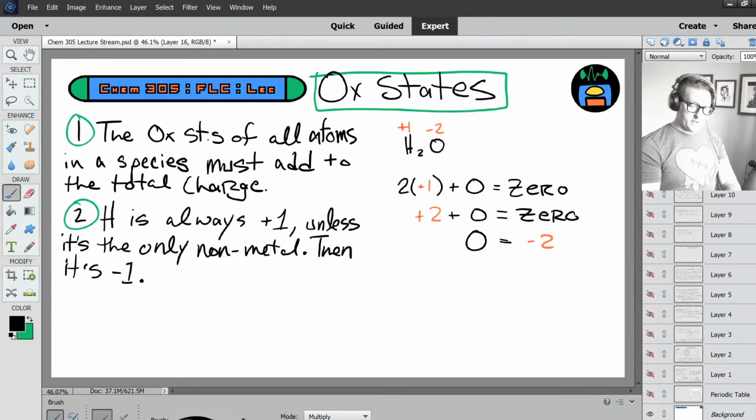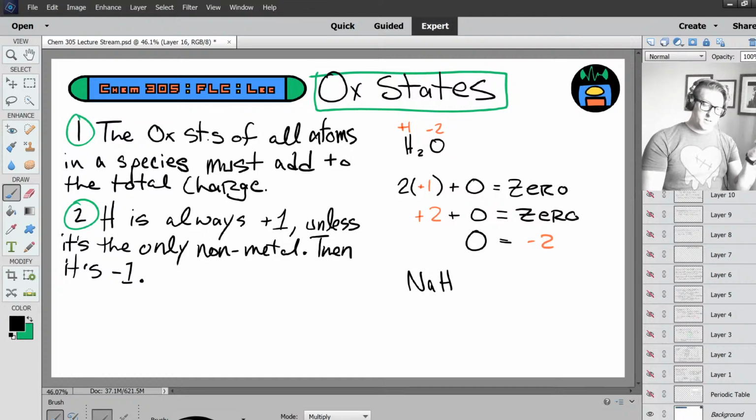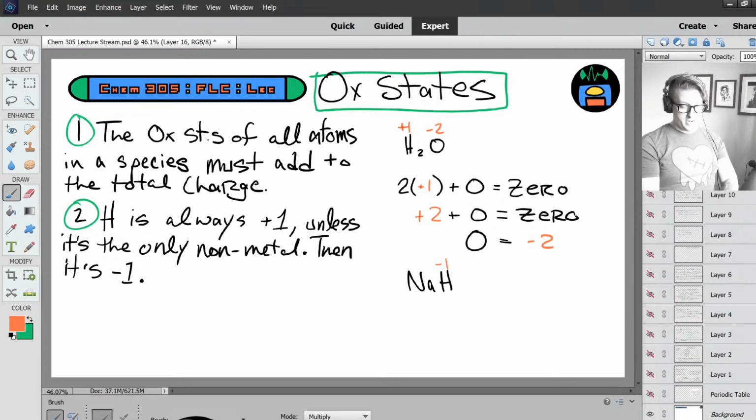All right. What about in sodium hydride? Well, here in sodium hydride, hydrogen is the only nonmetal, so its oxidation state must be -1. That means for the oxidation states to add to 0, which is our total charge, sodium's oxidation state would be +1.